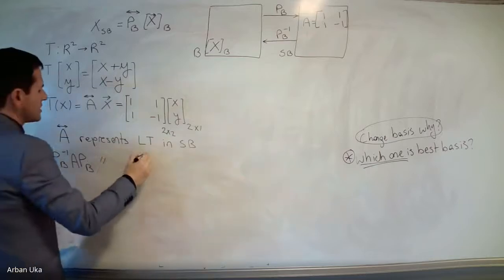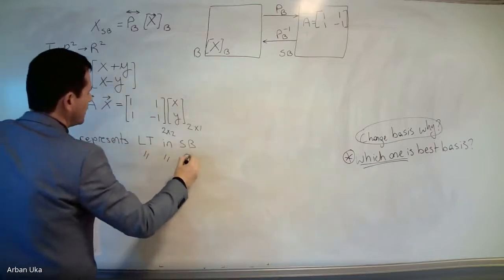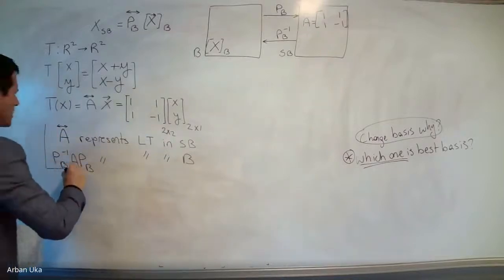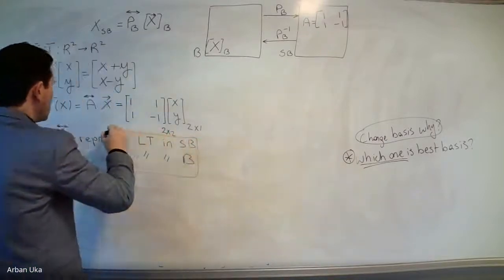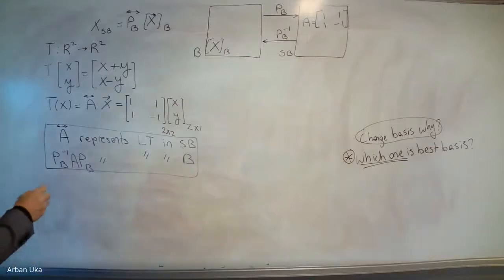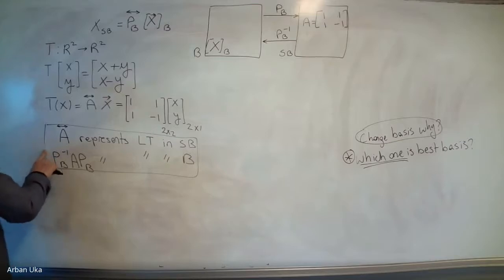This represents the linear transformation in the B basis. So this is the major essence of what we can summarize for the basis change of the matrices. Imagine for a moment that we have a matrix C, which is equal to this multiplication.